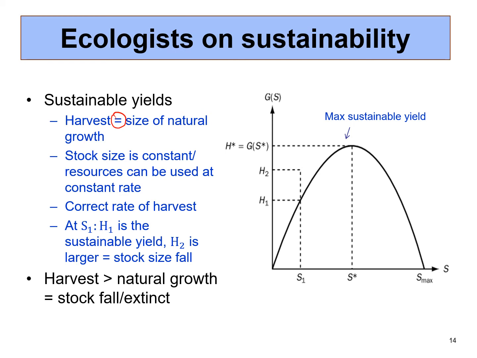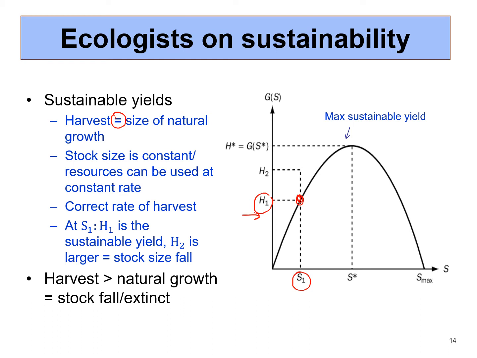If you look at our diagram on the right side, when our stock is at S1, the harvest rate should be at H1. So this point is the sustainable yield, because whatever we have in the stock, we harvest it at the same rate. Okay, so we call it sustainable.